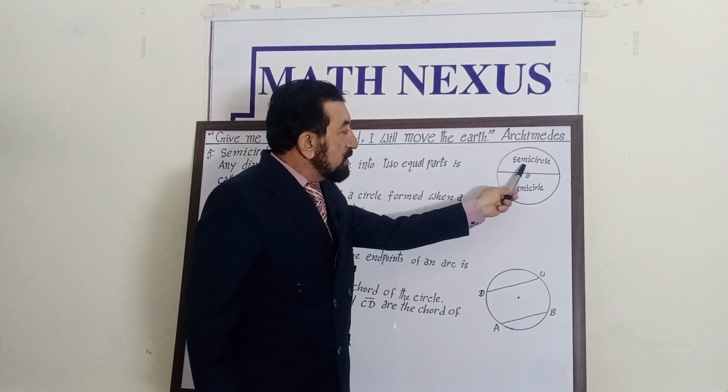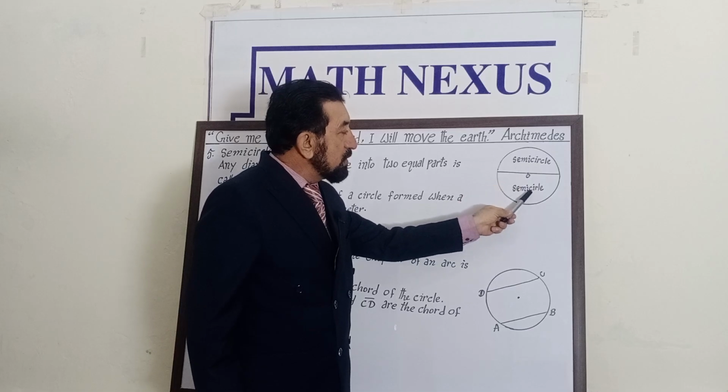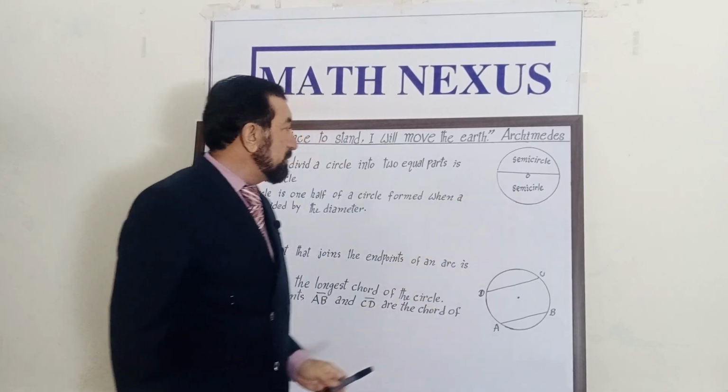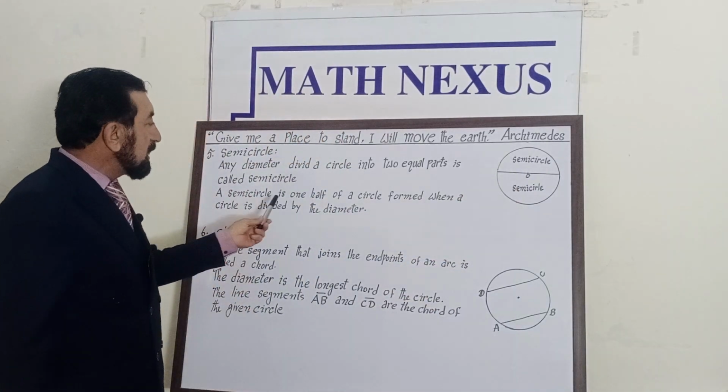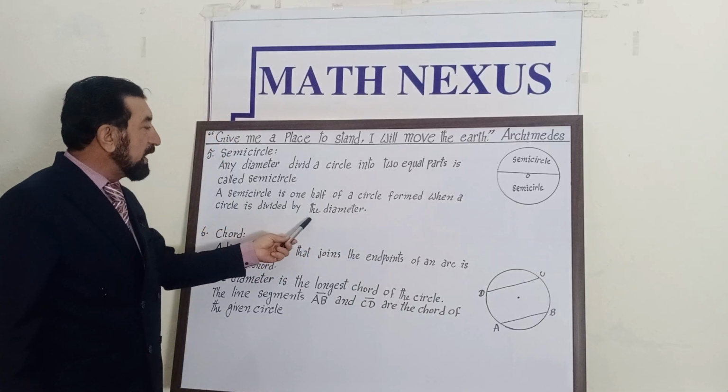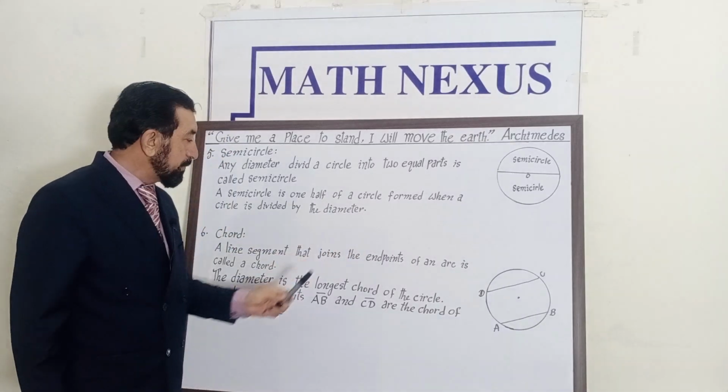These are equal. This is called semicircle, and this is also called semicircle. A semicircle is one half of a circle formed when a circle is divided by the diameter.